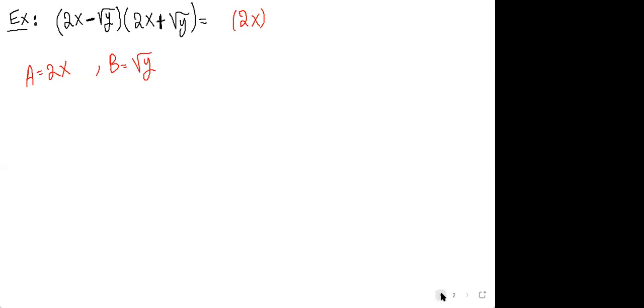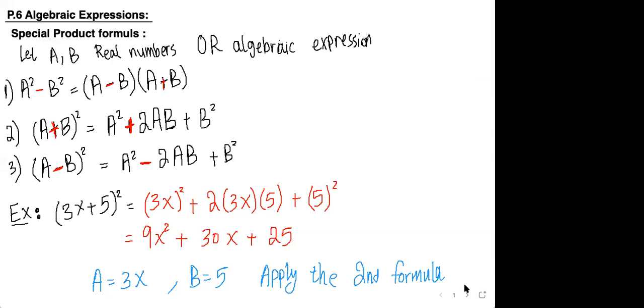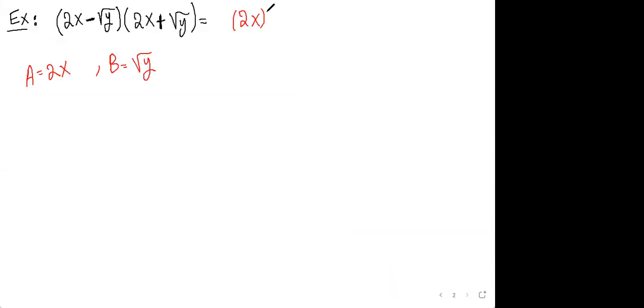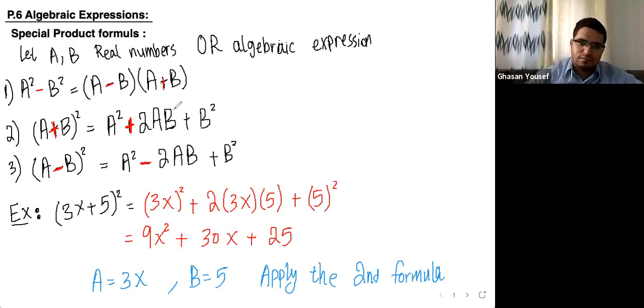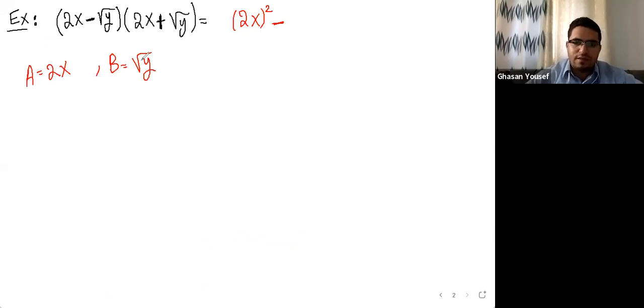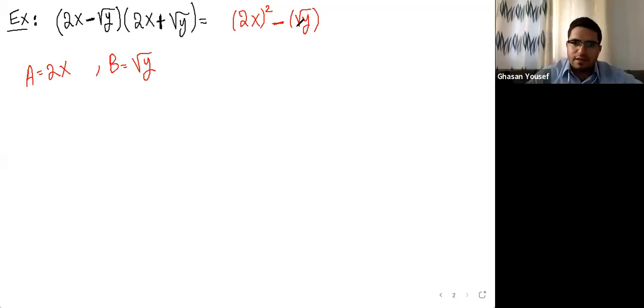But above 2x, what do I see here? Oh, square. Yeah, don't forget the square. So 2x to the power 2 minus b squared. So what is my b? The b is the square root of y. Exactly. Everything squared. Then what do I get?